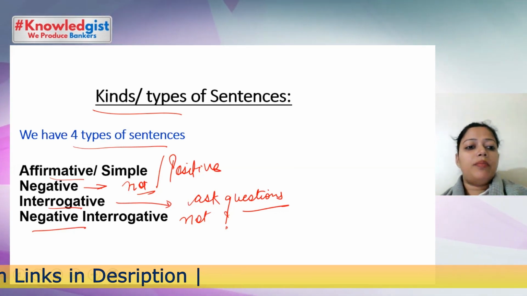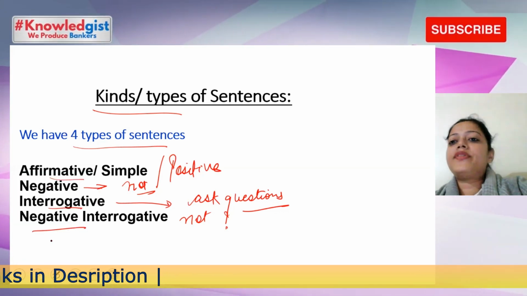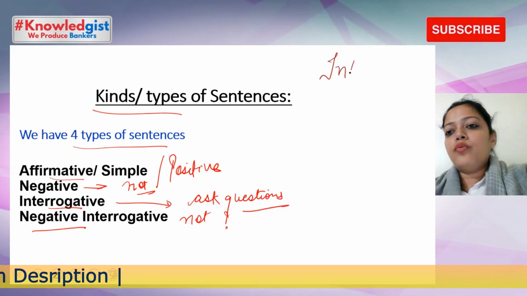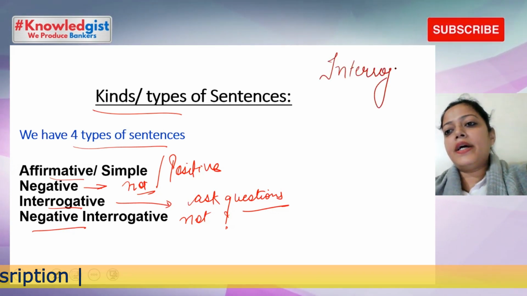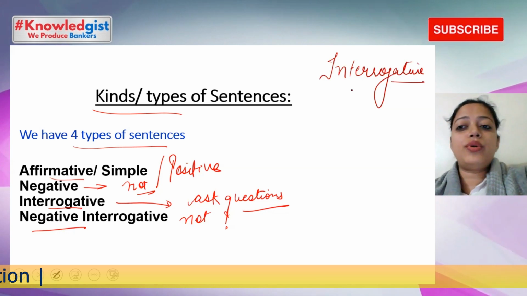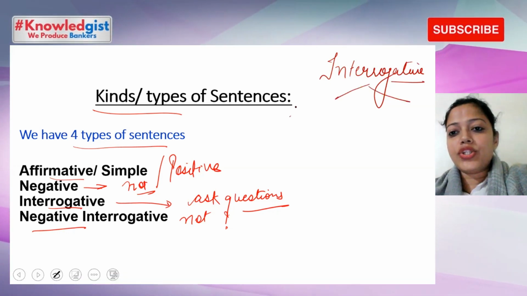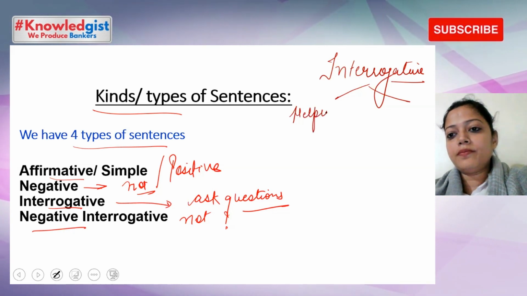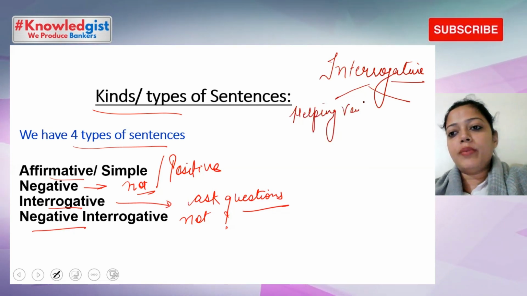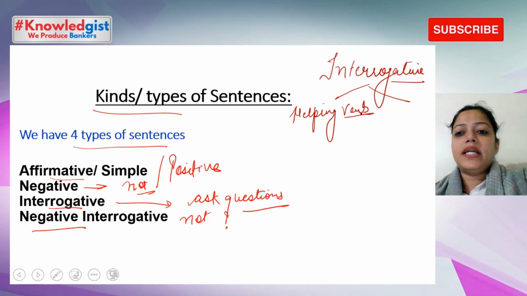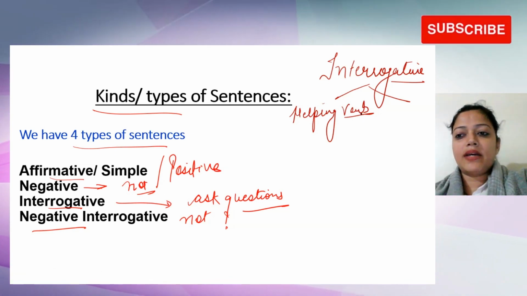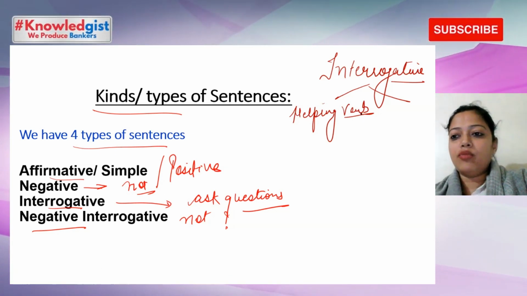But if I talk about interrogative sentences, we also divide interrogative sentences into 2 types. First one, sentences which start with a helping verb. Helping verb means do, does, did, is, am, are, was, were, has, have, had, will. These are the helping verbs.